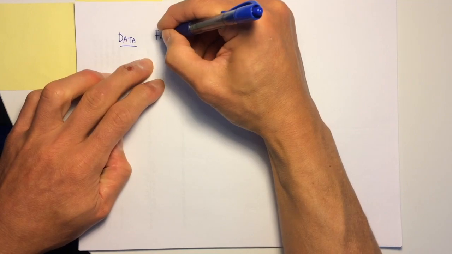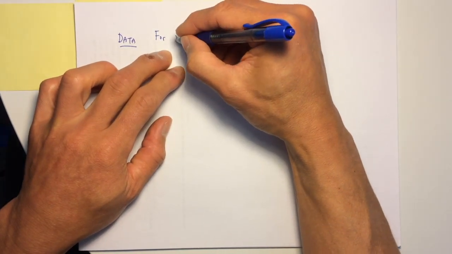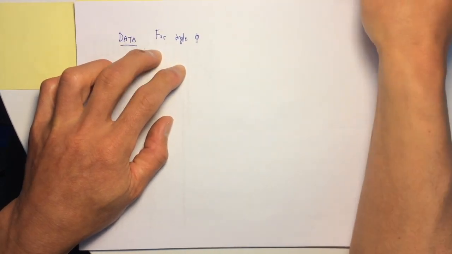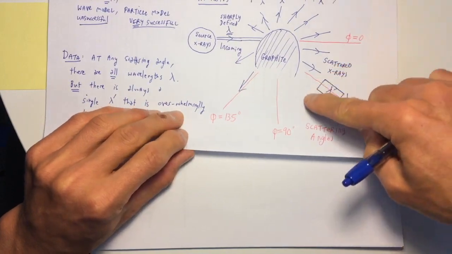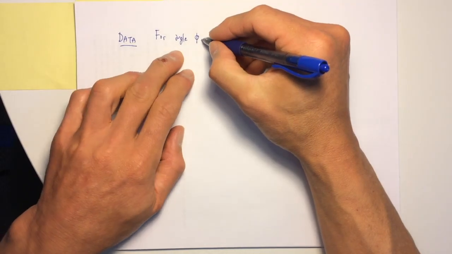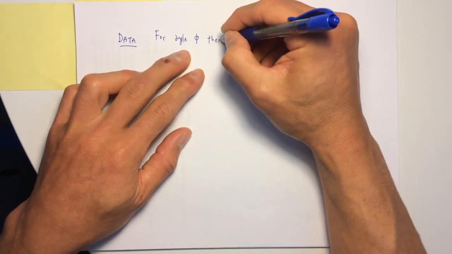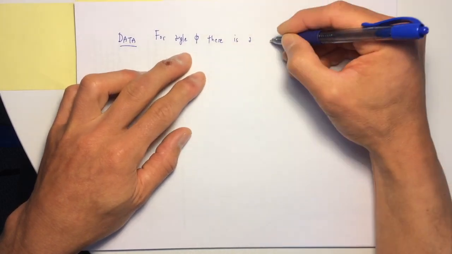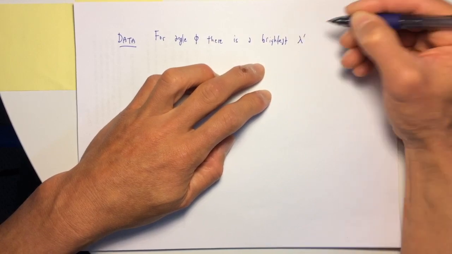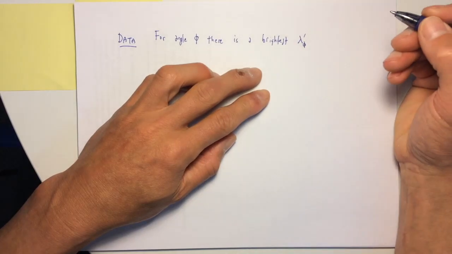For angle phi, right? So these are different angles at which to observe the outgoing light or the scattered light. For different scattering angles, there is a brightest lambda prime that I might label with the angle.